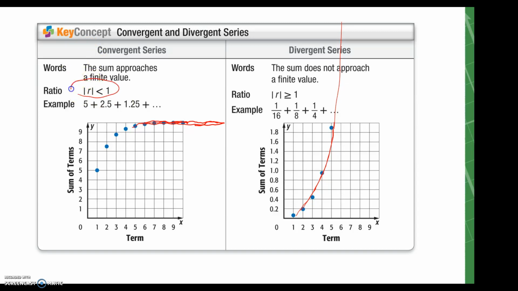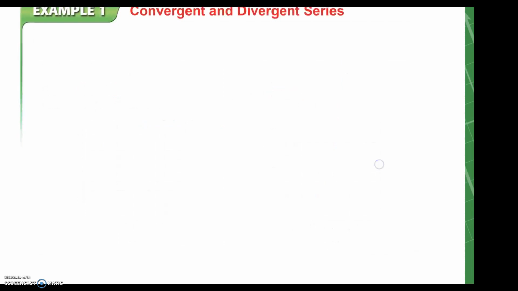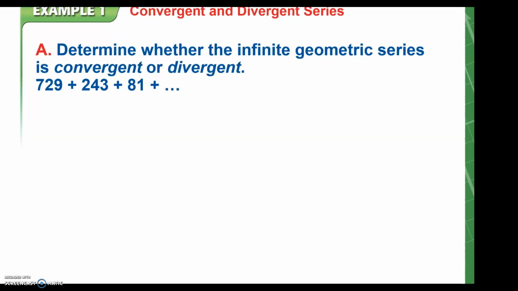Notice in a convergent series, the absolute value of the ratio is less than 1, and in a divergent series, the absolute value of the ratio is greater than or equal to 1. So you can kind of tell without even seeing a graph which one it is. So here, if I wanted to see if this is convergent or divergent, I'd find my ratio.